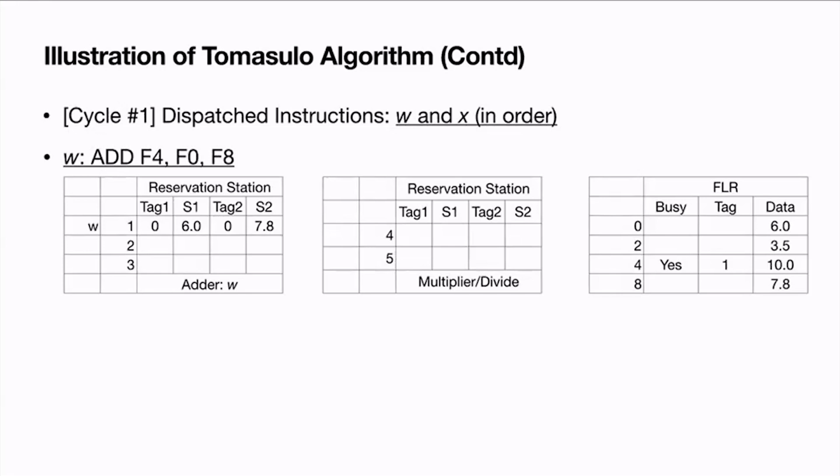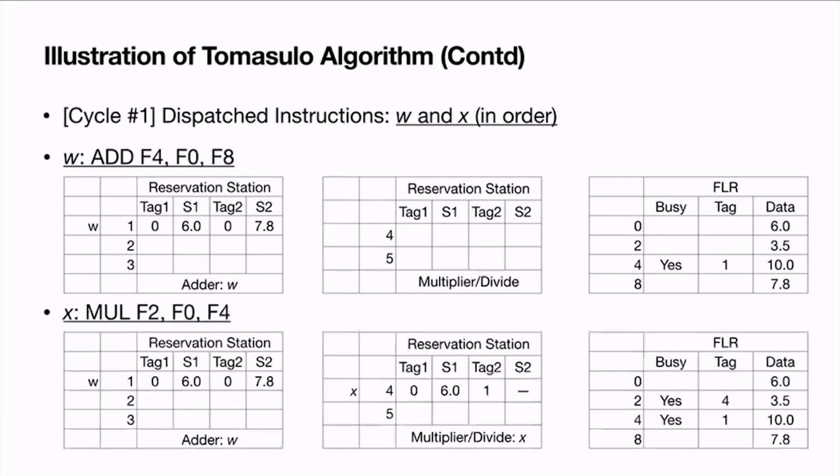The second instruction in the same cycle, because 2 instructions can be issued per cycle. Now, if you see here, a multiply F2, F0, F4. It reads 2 operands, F0 and F4. When I go to the FLR with F0, the value is available because busy is not set. So the data field contains the actual value, and we just take the value 6 into it.